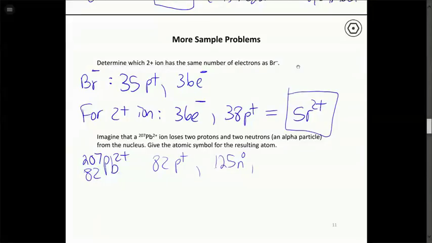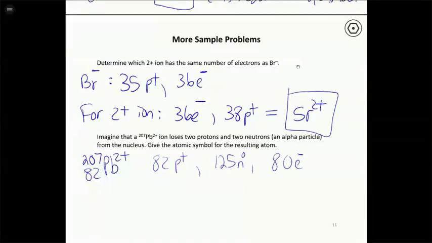And this is a 2 plus ion, so it has 80 electrons, because we need to identify the charge of the species as well at the end. So these are the subatomic particles that are present initially, and then we do some sort of hypothetical nuclear reaction where we lose 2 protons and we lose 2 neutrons.